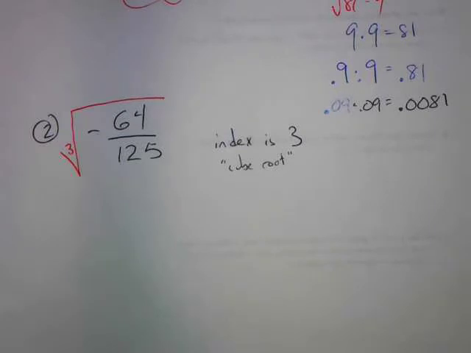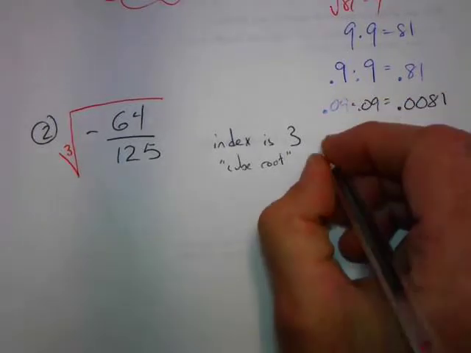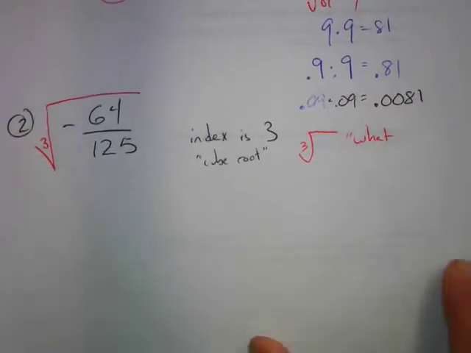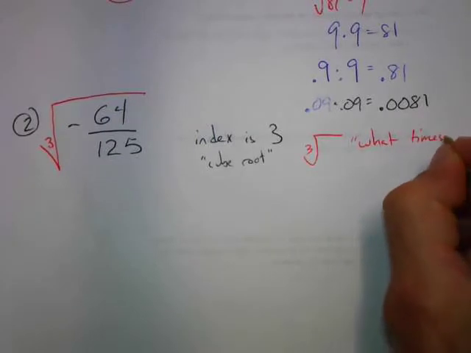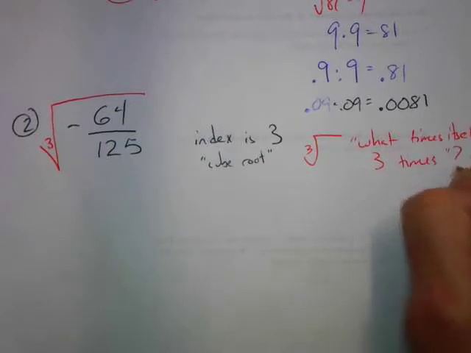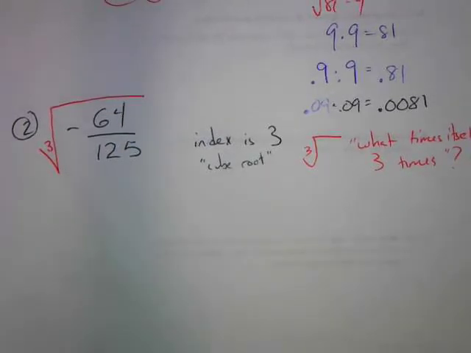Whereas square root asks what times itself, the cube root asks what times itself 3 times. That's what the cube root is asking. So that symbol is not just a fun-looking symbol; it's an operator, and you have to treat it like one.